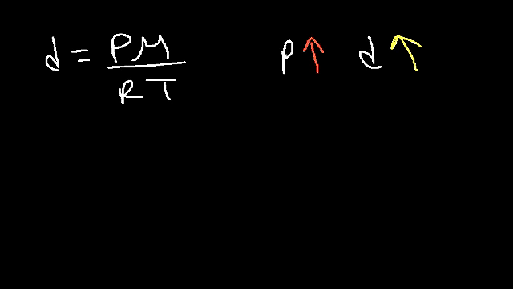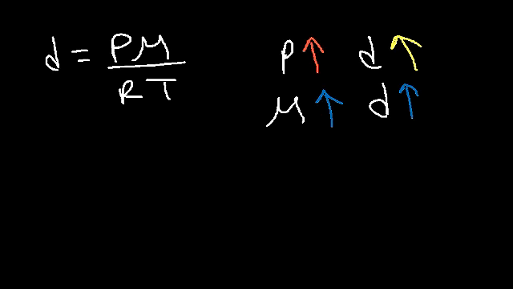Now what about the molar mass of a gas? How would you describe the relationship between gas density and molar mass? Because the molar mass is in the numerator with the pressure, that tells us that as the molar mass of the gas increases, the density will increase as well. So heavy gas molecules will create a sample that's more dense than light gas molecules.